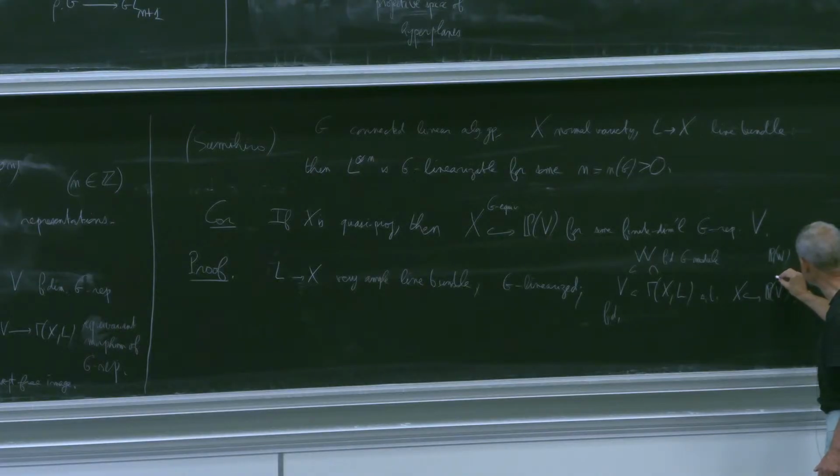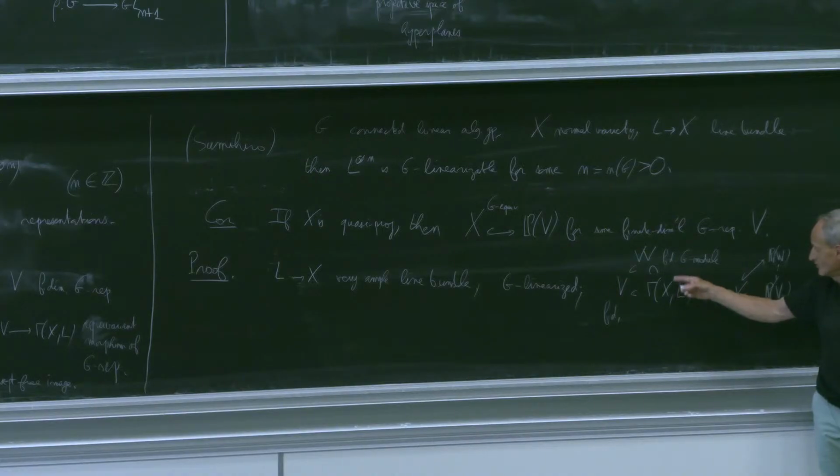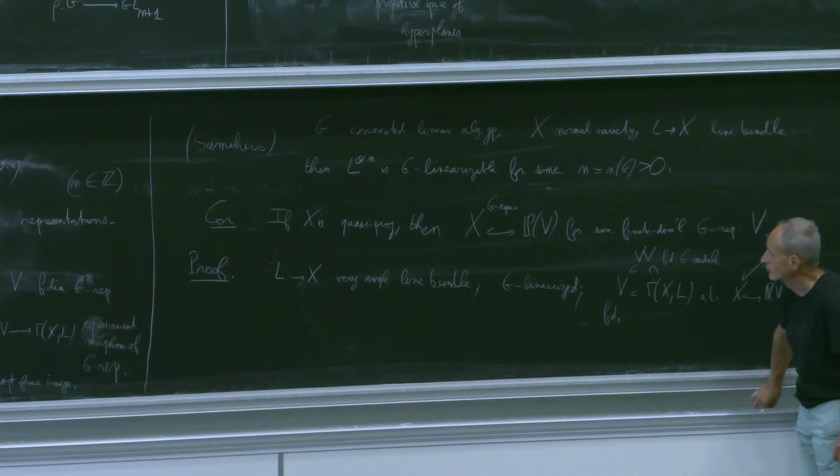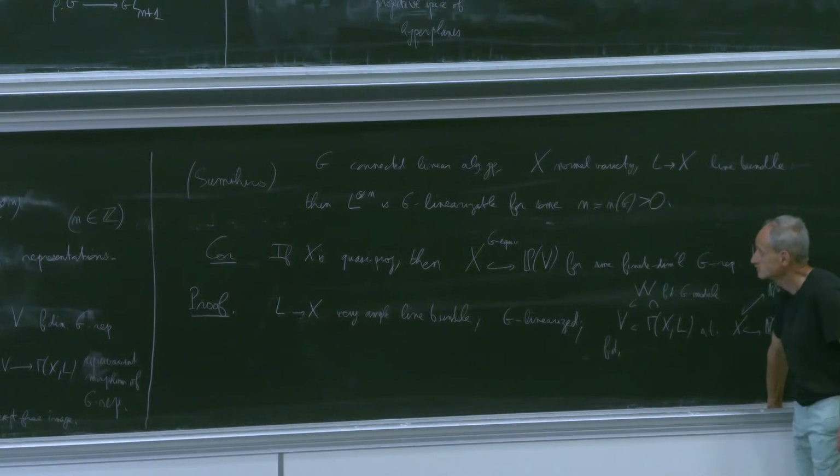This is contravariant, I know. And then X embeds also in this space, by just common sense. And now this embedding is equivariant, because you generate your line bundle by the sections of the vector space. Okay, so that's the proof. And you see the substantial work is there.